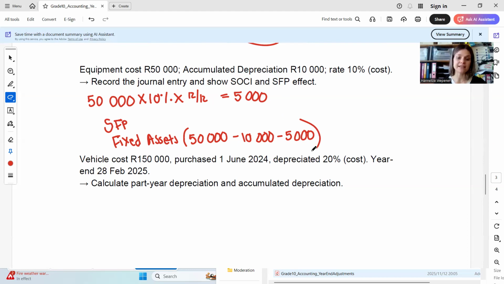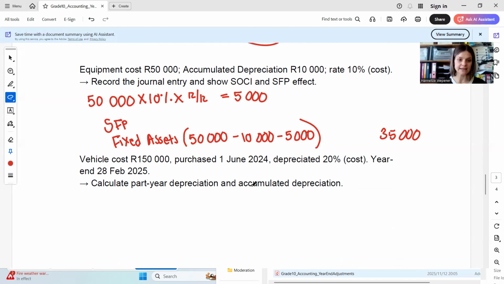In other words, saying that my asset's value has now decreased even further. Therefore, your new fixed assets carrying value to be shown in your SFP is 35,000 Rand. So it's your 50,000 cost minus accumulated depreciation on day one to get to your 40,000. But you've also used that equipment during the current financial year, so minus another 5,000 over there.